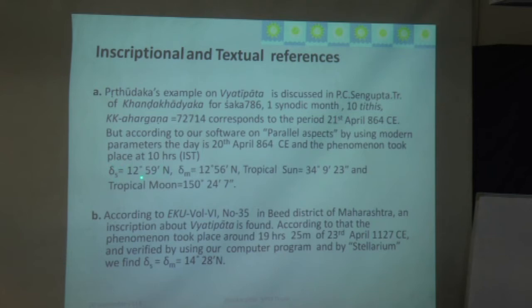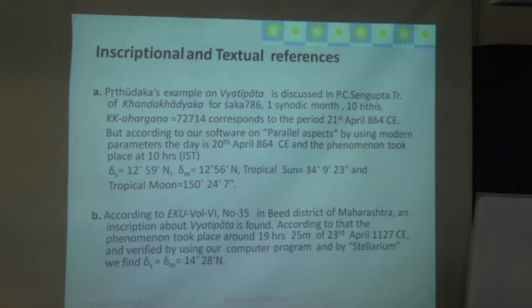The declinations are 12 degrees 59 minutes north and 12 degrees 56 minutes north. That is, both the sun and the moon have northern declination. We have found the tropical sun and tropical moon like this. If you add these two, you can see it is about 184, so it has crossed 180 degrees.